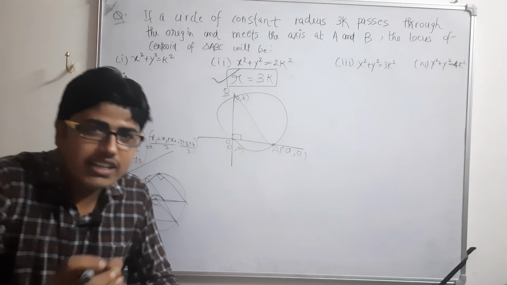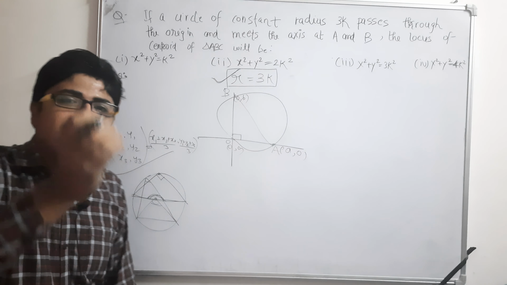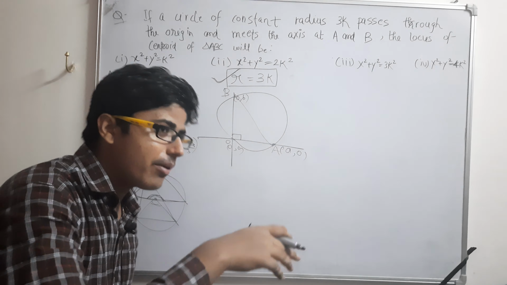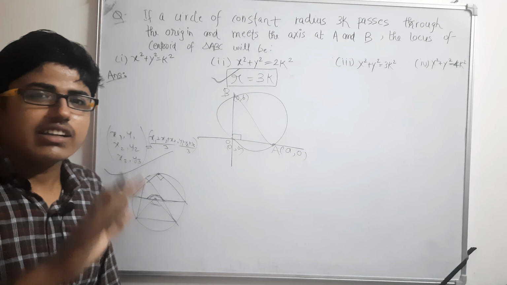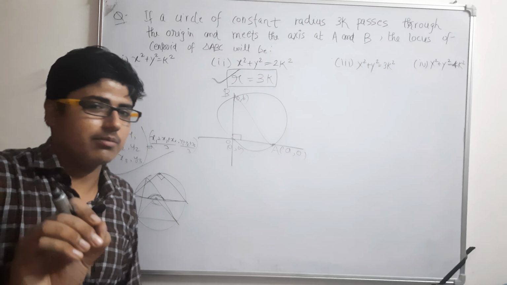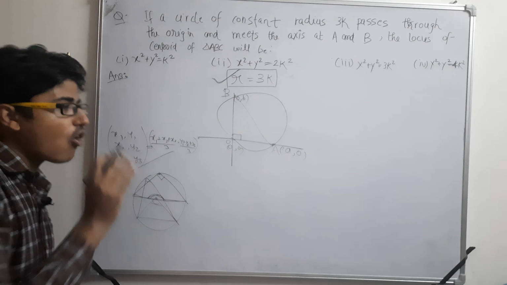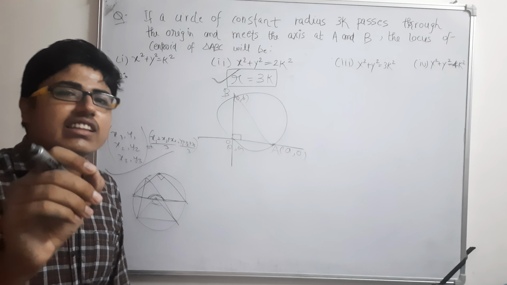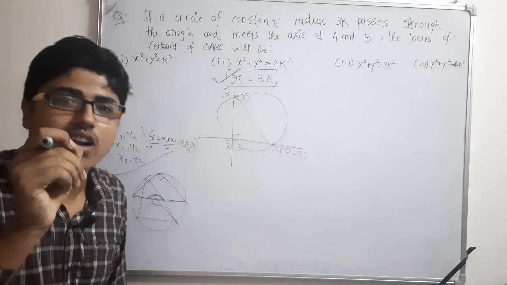So the angle in a semicircle is always 90 if a diameter is subtending some angle on that circle, and vice versa. If some chord is subtending 90 degrees at the circumference, then that chord will definitely be a diameter.